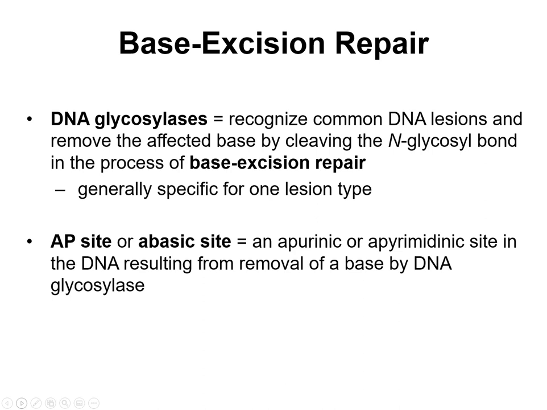There's lots of different DNA glycosylases, and there's usually a specific glycosylase that's associated with a specific type of lesion. When a glycosylase takes off that base, it leaves what's called an AP site or an abasic site. AP site stands for apurinic or apyrimidinic site, and that just means that you took the base off.